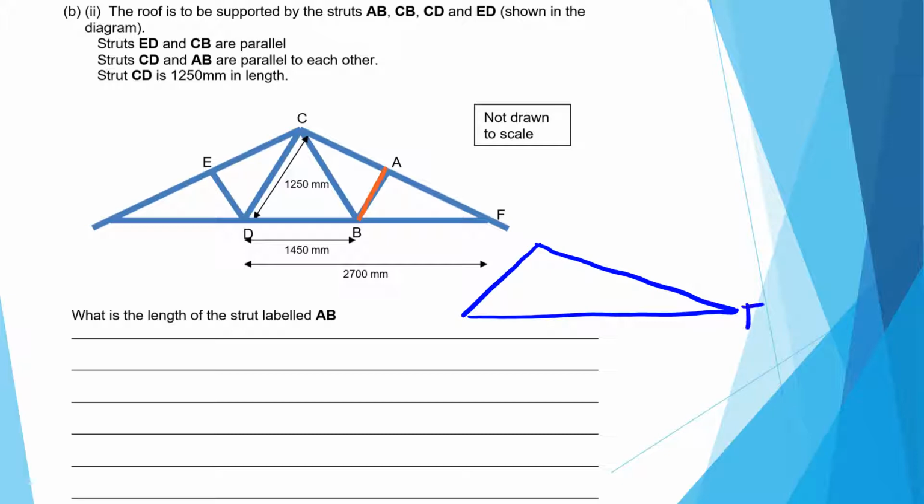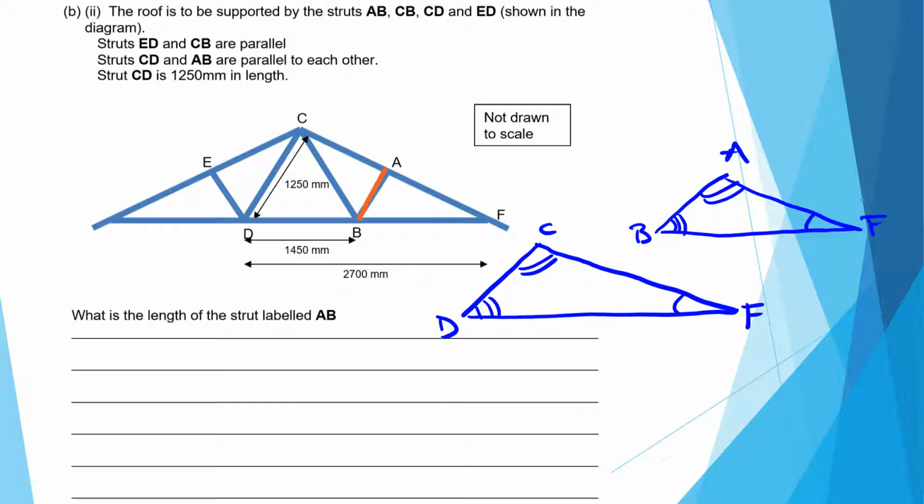Here I've got the triangle FCD, and here I've got the smaller triangle FAB. Now we know that this angle is the same in each because they share that angle, and because we're told that AB and CD are parallel, we know that this angle is equal to that angle, and further that angle is equal to that angle. So we've got ourselves a pair of similar triangles.